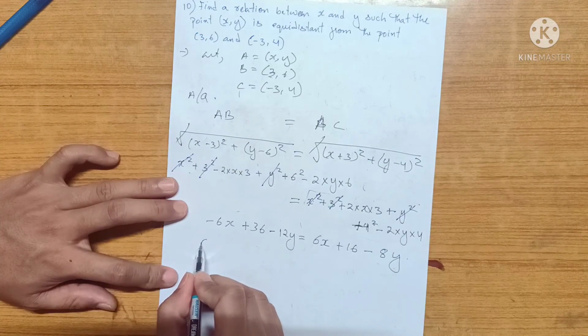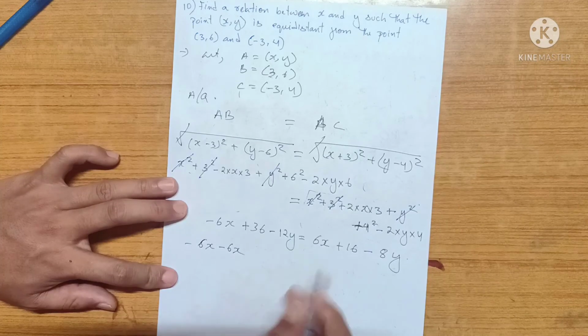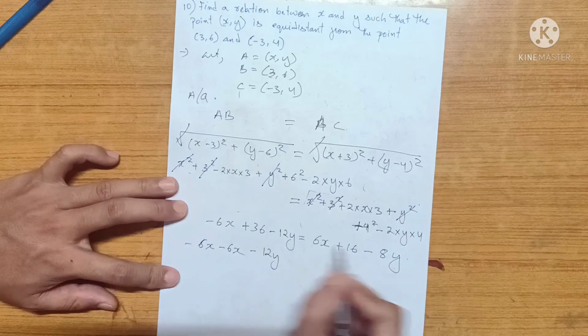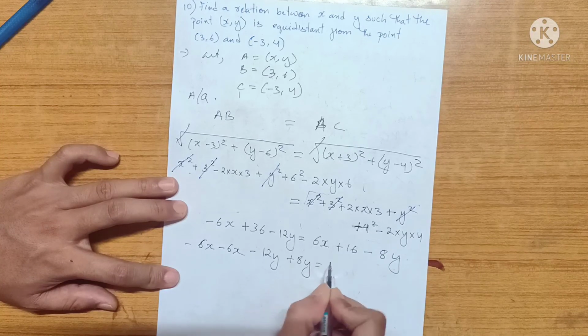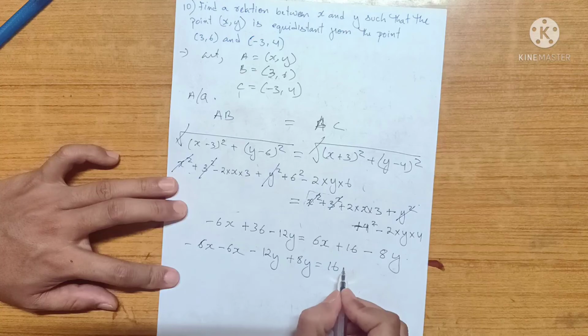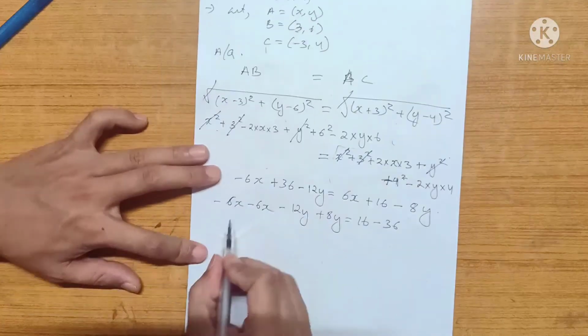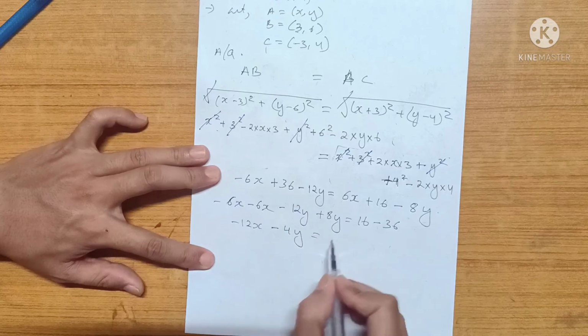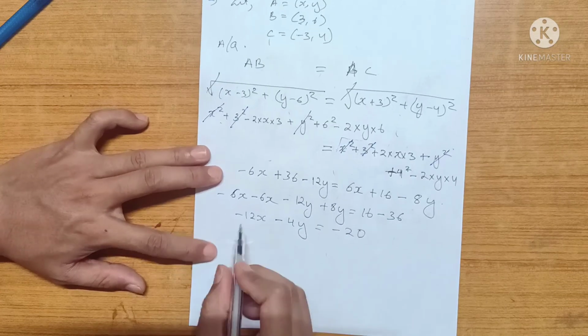So minus 6x minus 6x, I brought the 6x this side, it will become minus 12x, this one plus 8y equal to 16. I bring it this side, it becomes 36. So minus 12x minus 4y equal to minus 20.